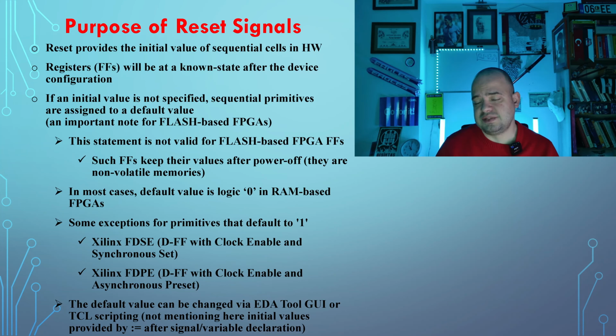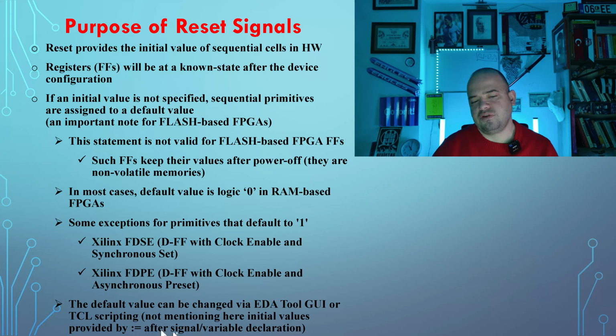Or any counter value for a 32-bit vector that you would like to start from after device configuration. Then you can do that using Tcl scripting or using the assignment editor of Quartus, and similar tools exist in other electronic design automation tools as well.